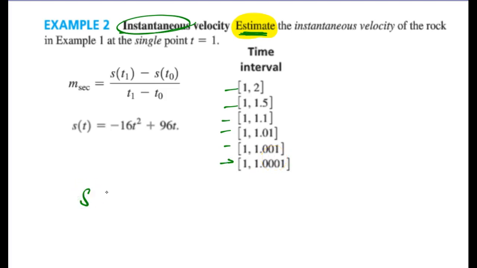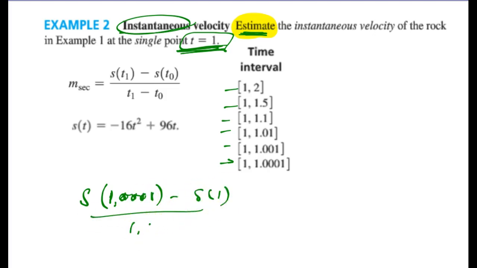So let's just grab a close point, like something really close to 1, because we want to evaluate it instantaneously at 1. So a number really close to 1 is 1.0001: s at 1.0001 minus s at 1 all over 1.0001 minus 1, which is 80.0064.